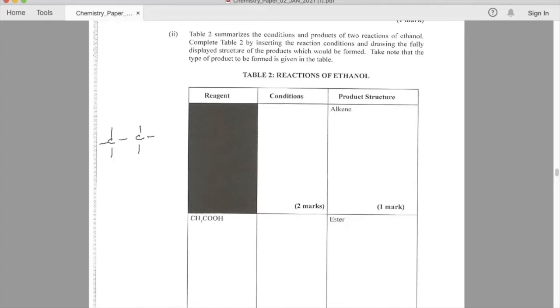CH3, CH2, and I like putting on my OH group. I like to give it in red. It highlights it. So if we're going to get an alkene from this, well, we know that the first member of the alkene series has 2 carbons. So the only alkene that we could get from this is ethene.